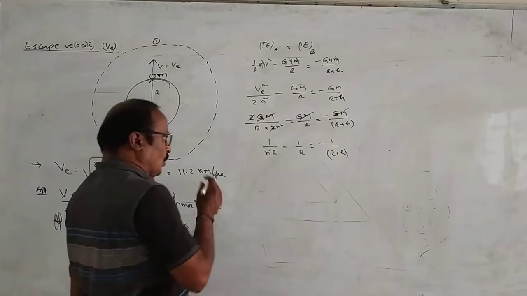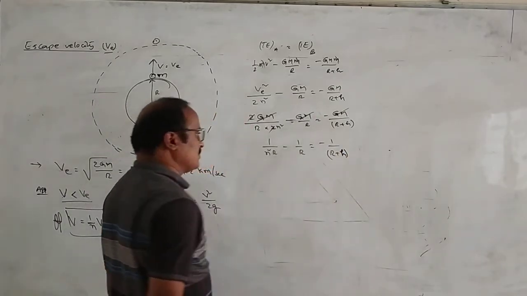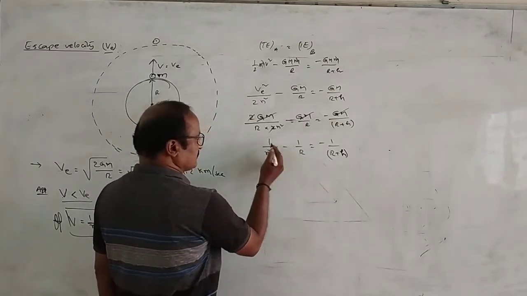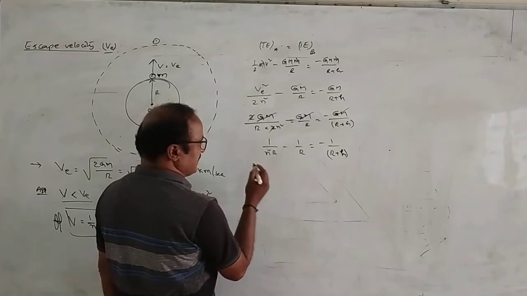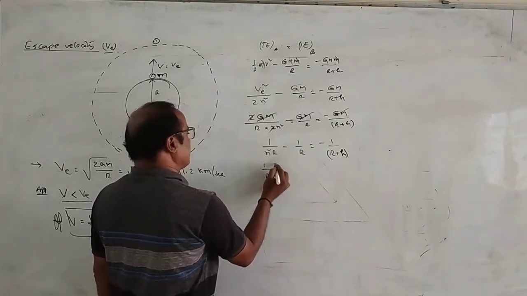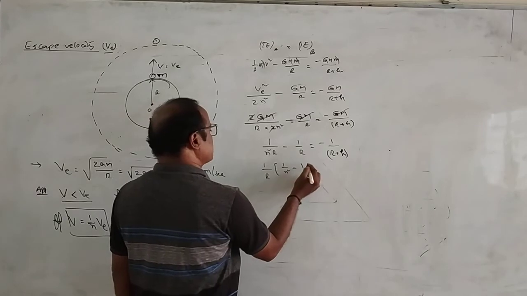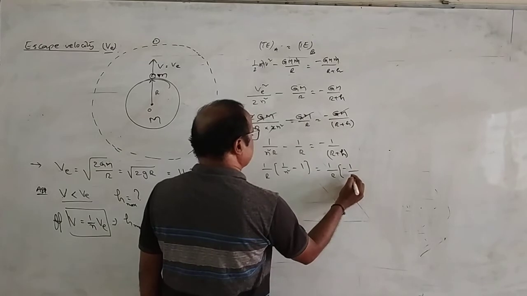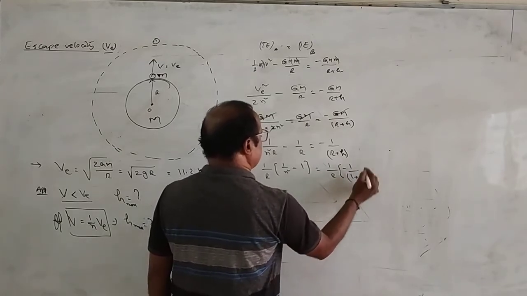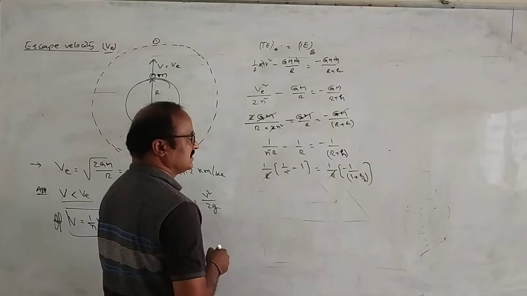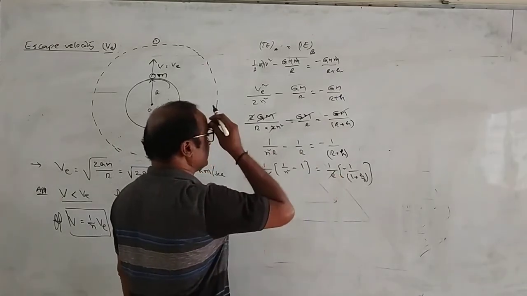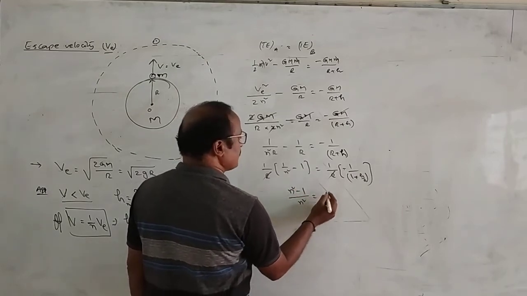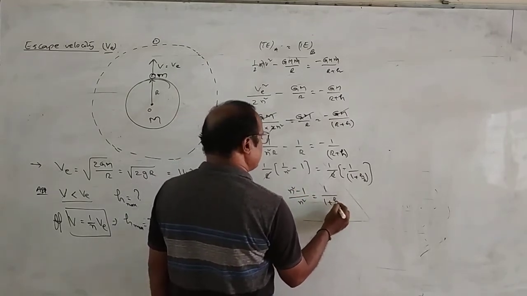Here we have to find the maximum height h. The common r value cancels, so 1 by r into 1 by n square minus 1 is equal to 1 by r into minus 1 by 1 plus h by r. The r also cancels. To cancel the negatives, we write n square minus 1 by n square is equal to 1 by 1 plus h by r.